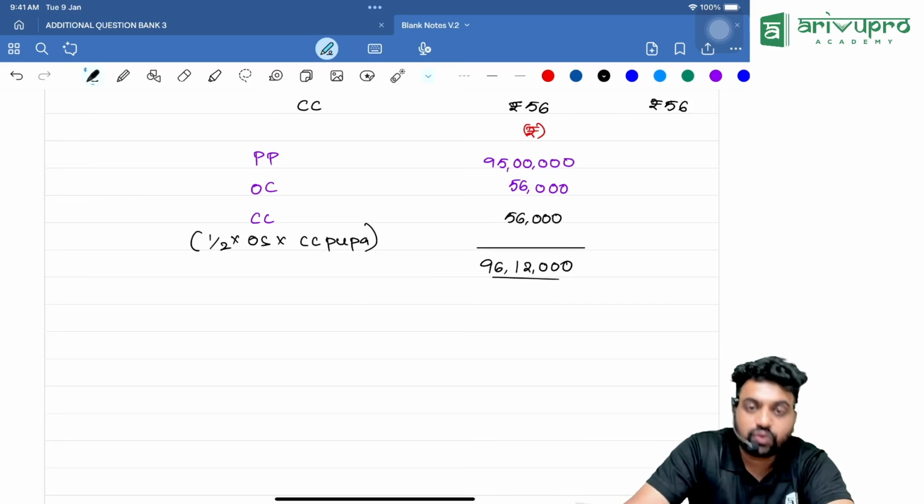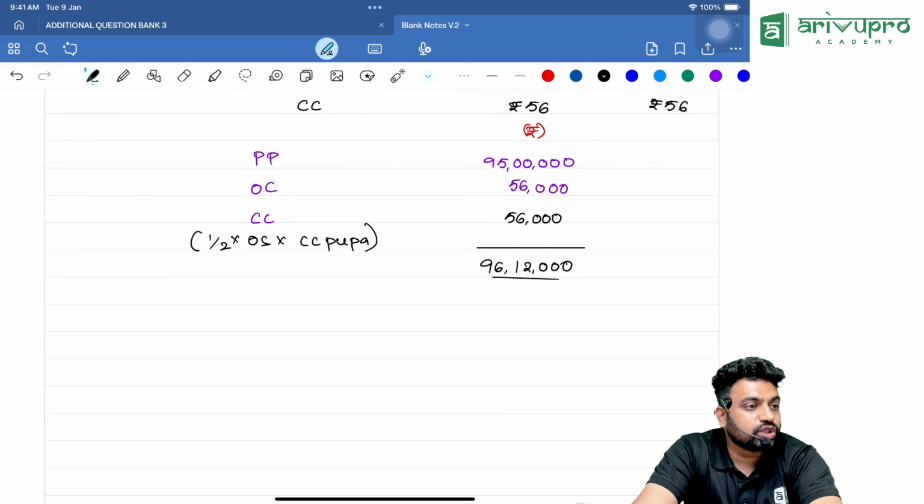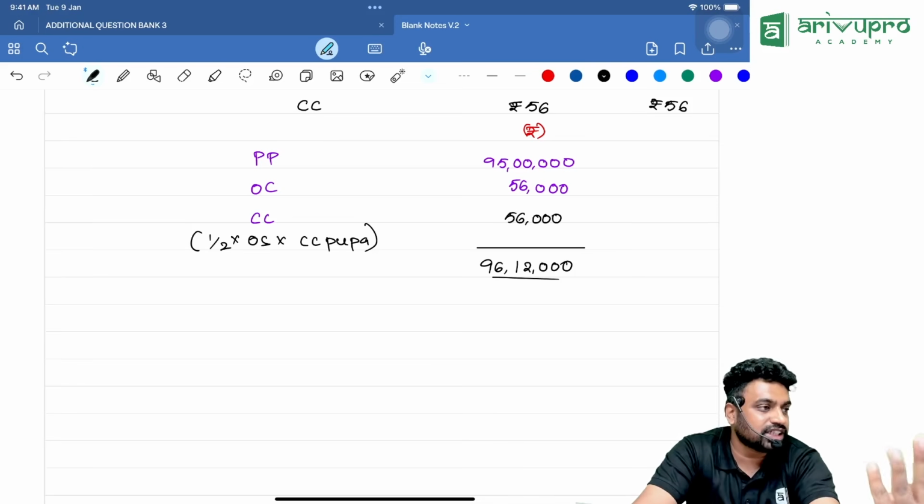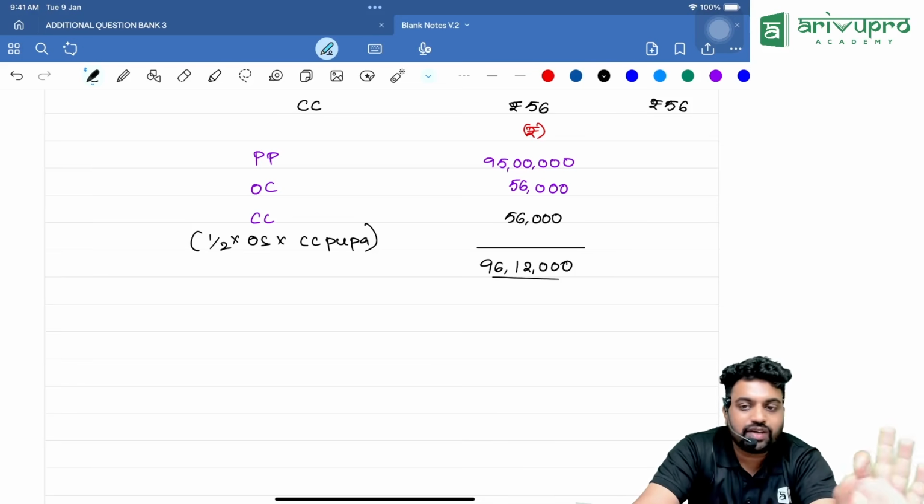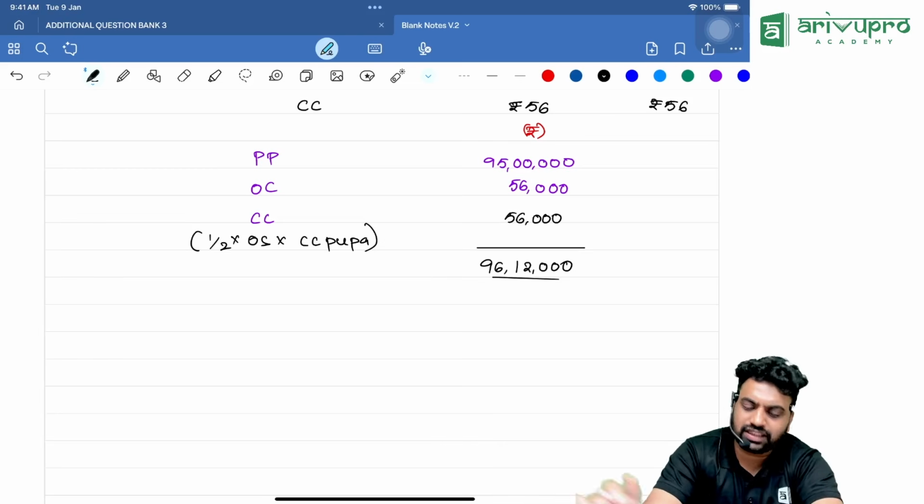Now while quoting the price, I should be very careful here. I will make sure the cost won't exceed 96 lakh 12,000. Otherwise, there is no point in me going and buying in just 4 orders. So I will quote him the price which gives me a total cost of less than 96 lakh 12,000, max to max equal to 96 lakh 12,000.